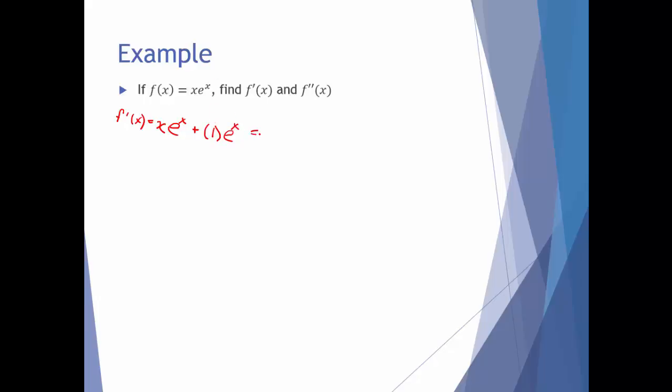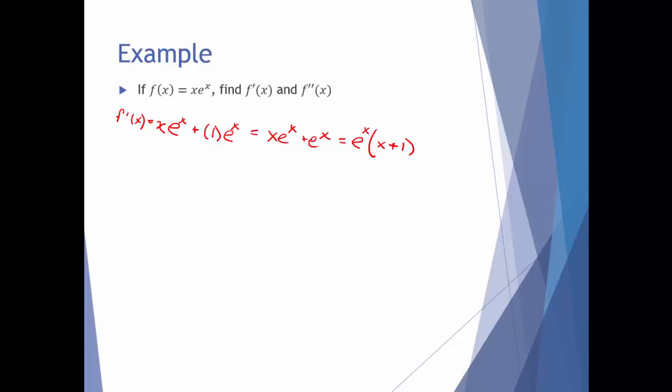Clean it up just a little bit, and what we're going to get is x e to the x plus e to the x. And that's an acceptable way to leave this, but what we can also notice is that there's an e to the x in both of these terms that can be factored out. So we can take that out and call this e to the x times x plus 1.